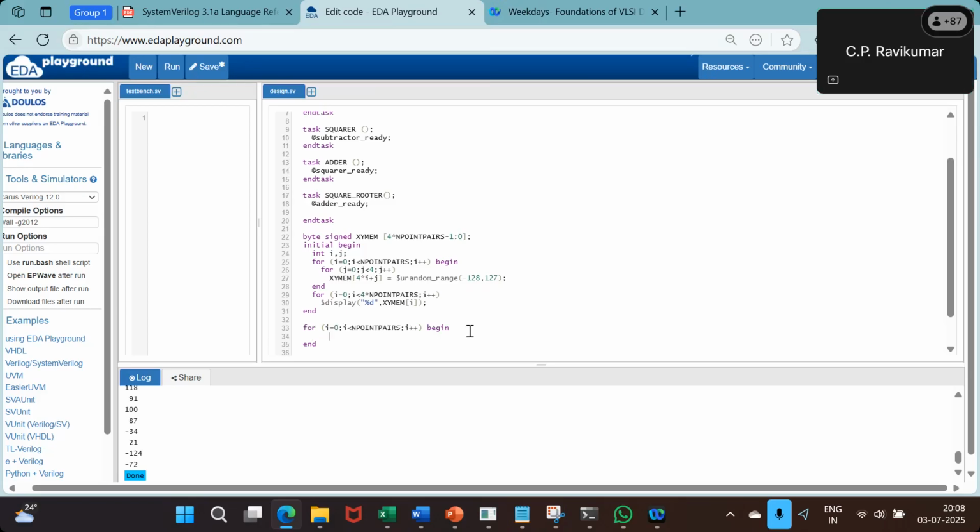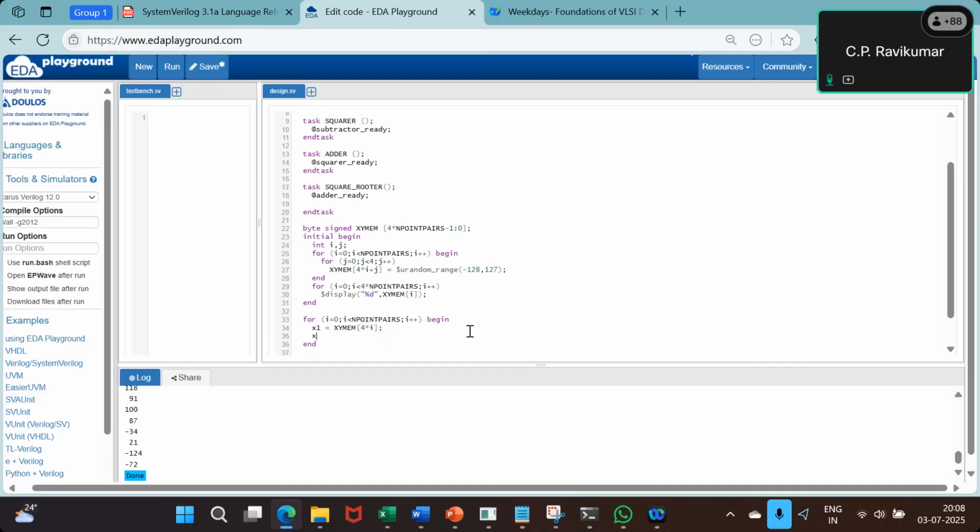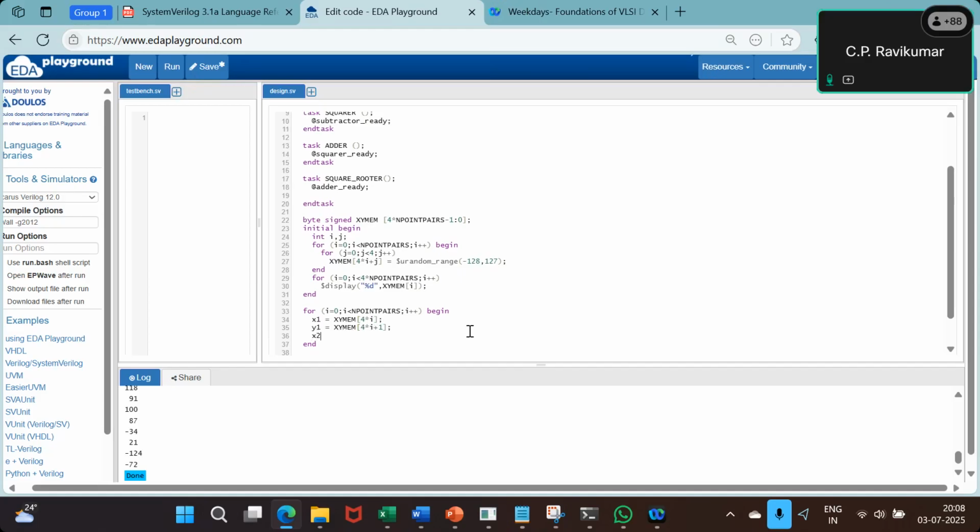Then it will do maybe x1 is equal to xy men of 4i plus 0. y1 is xy men of 4i plus 1. x2 is xy men of 4i plus 2.